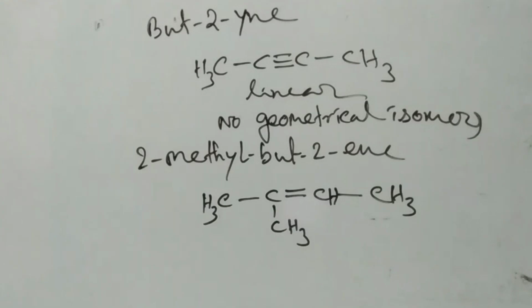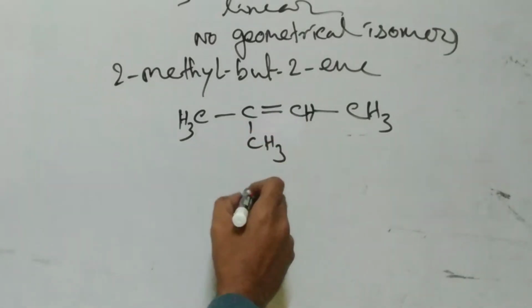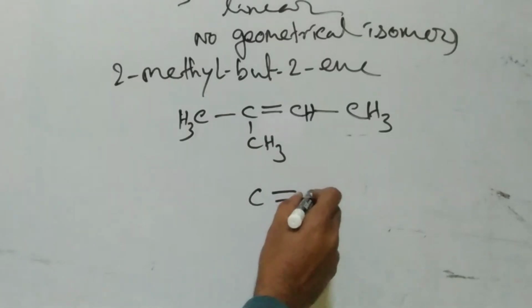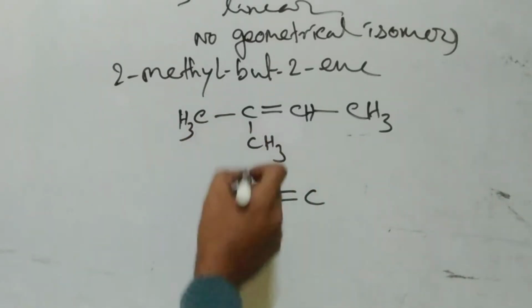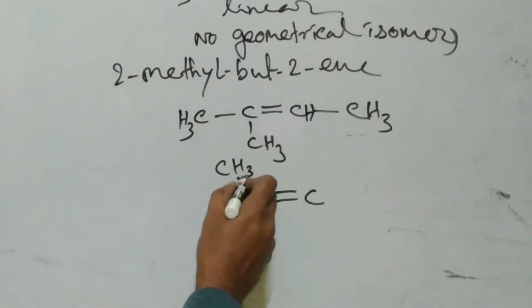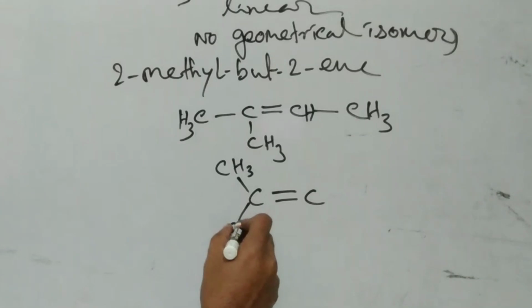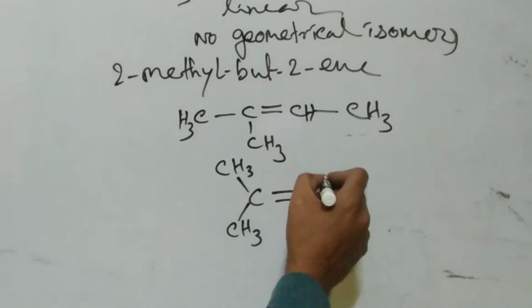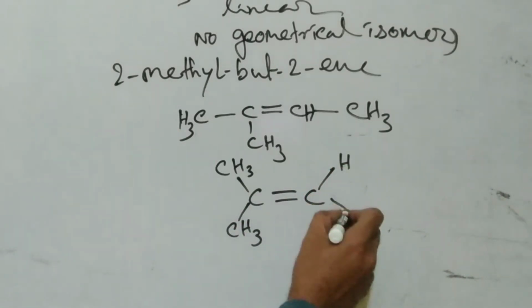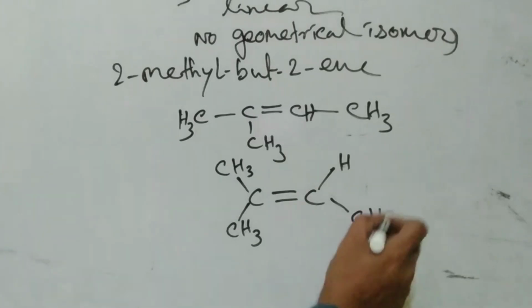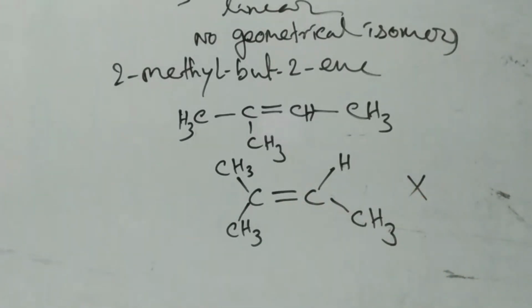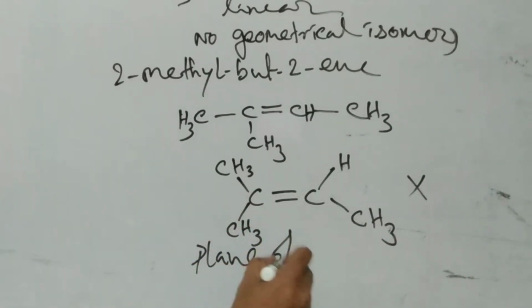So can this compound make any geometrical isomer? Let's check. C double bond C. Here 2 CH3 groups are present. So this is symmetrical, or the molecule has a plane of symmetry. Since the molecule has a plane of symmetry, no geometrical isomers will be there.